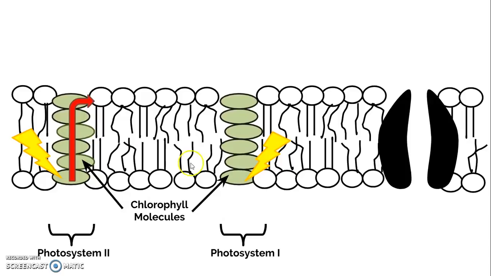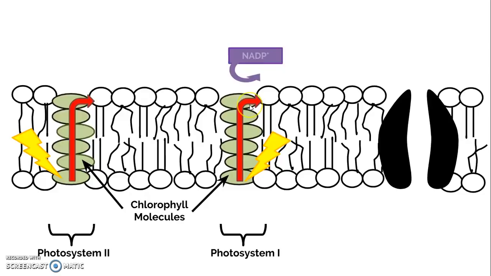And so this chlorophyll molecule would also have an excited electron that would jump clear out of the molecule. So we have to figure out how we are going to meet the needs of these molecules that have lost an electron, both in photosystem 1 as well as in photosystem 2.